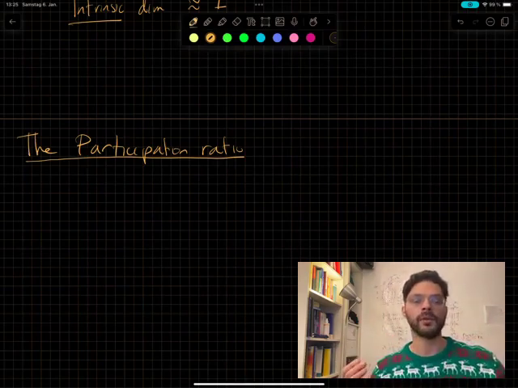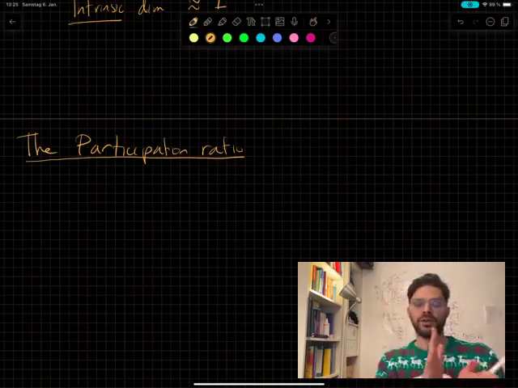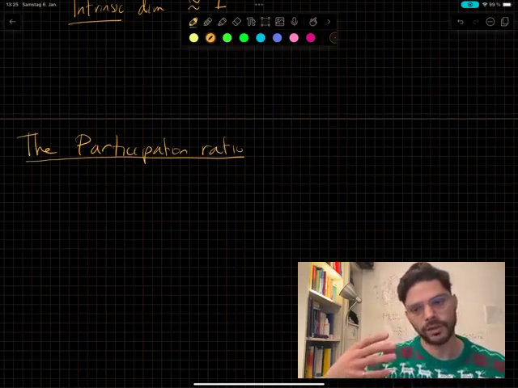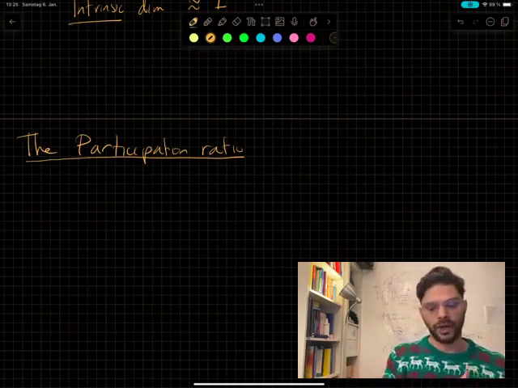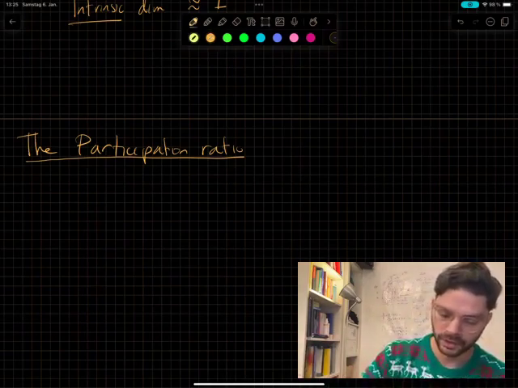So it doesn't care what coordinates the data arrived in. It tries to find data-specific directions along which the data actually lives, and to use those to define its dimensionality.